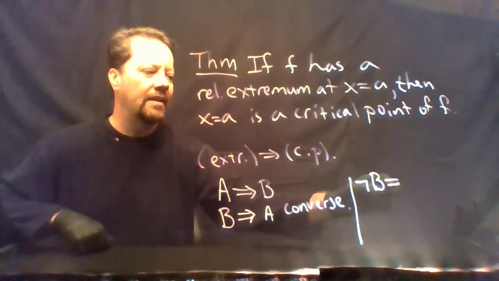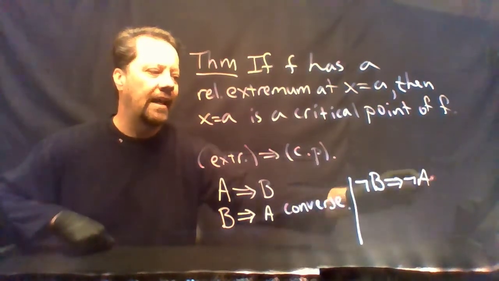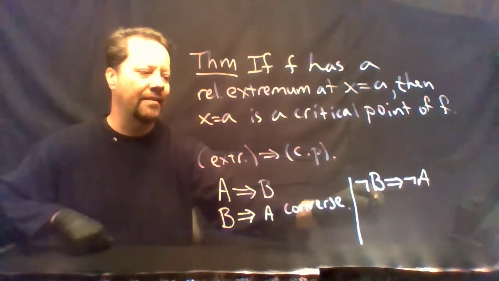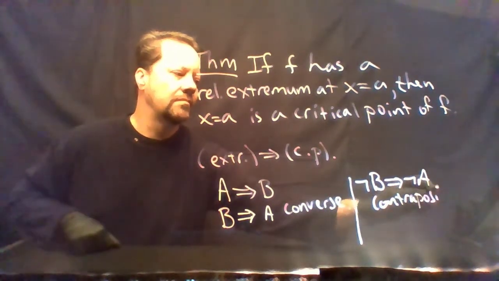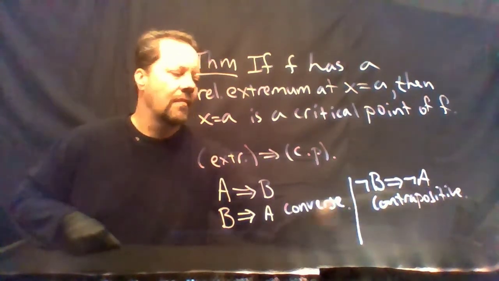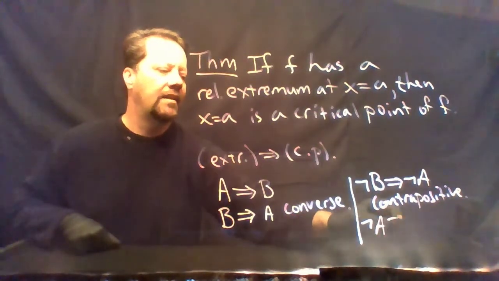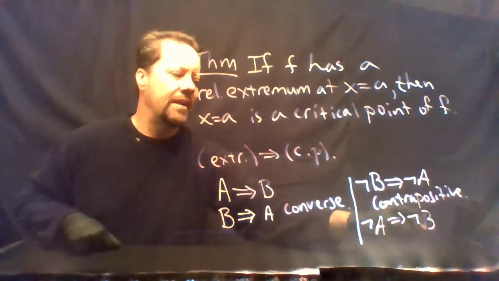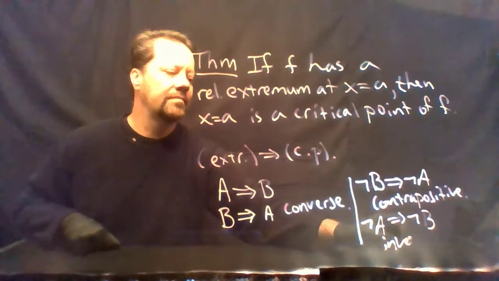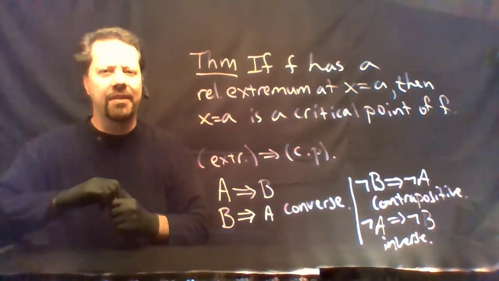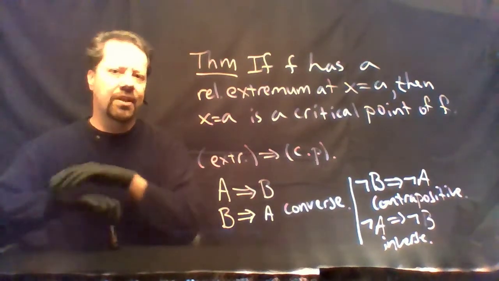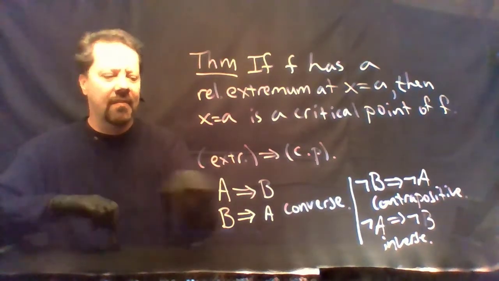Not B implies not A is called the contrapositive. And not A implies not B is called the inverse. I want you to think about the logical structure of these statements.